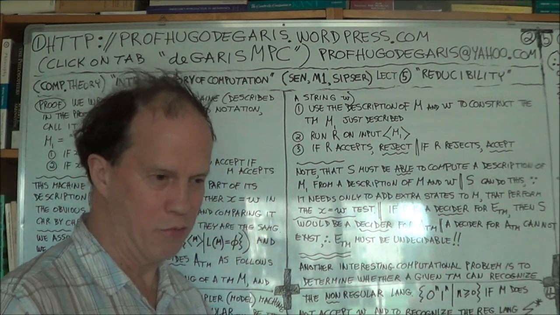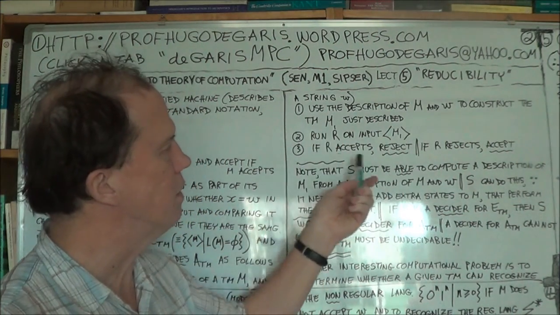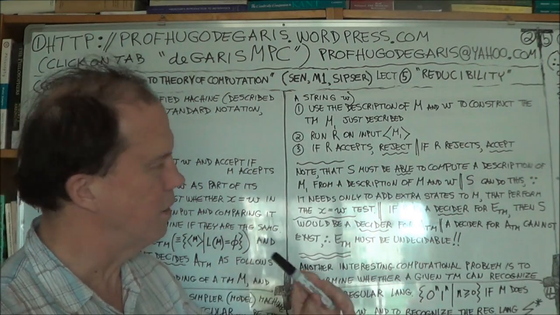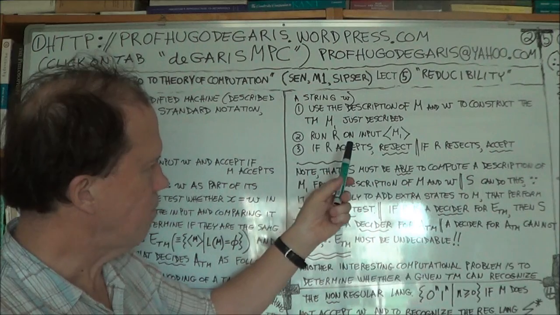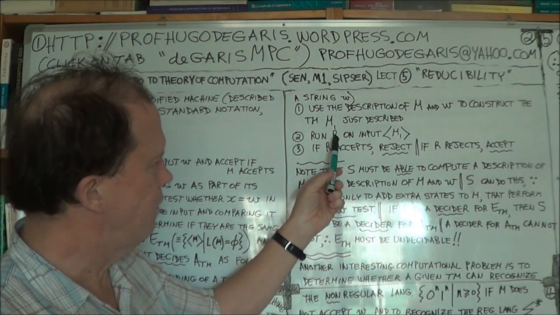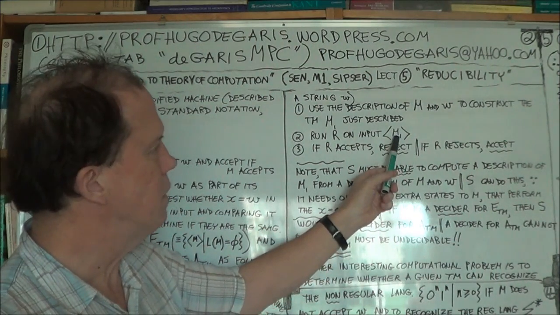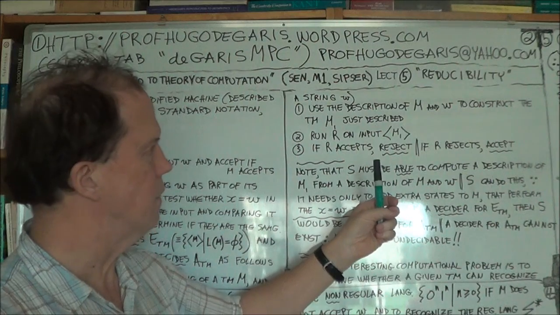You really have to put on your thinking caps. Now, the really bright ones of you will probably see it immediately. The rest of us, we have to think harder, right, step by step. Now, if R accepts this, what does that mean? It means that this machine blocks all strings.